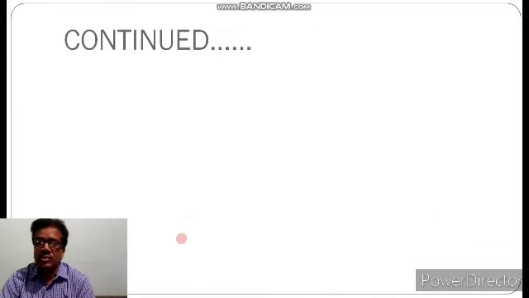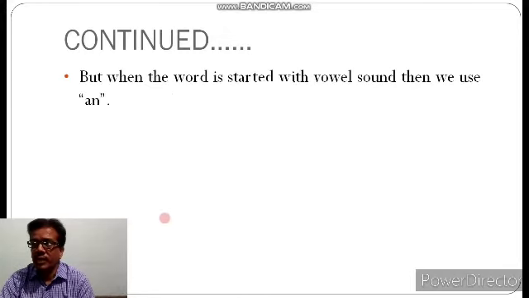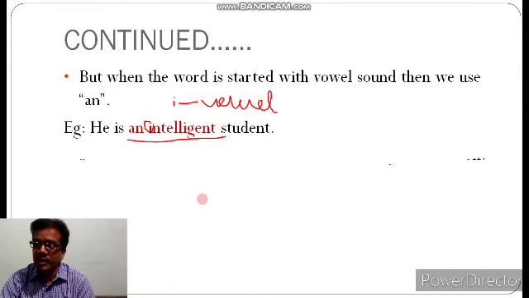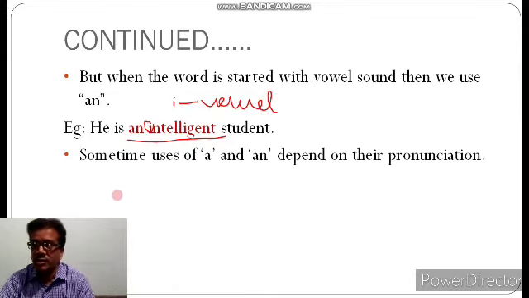Look at the example also: he is an intelligent student. Intelligent, the first letter is i, which is a vowel letter, so we have used an here. So you have understood where a is used and where an is used.